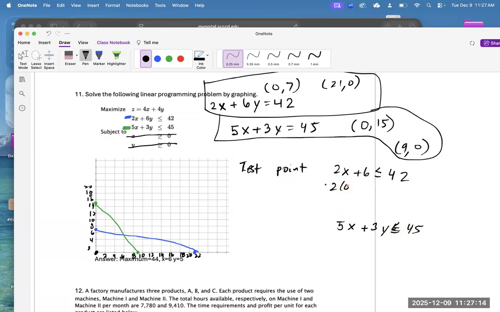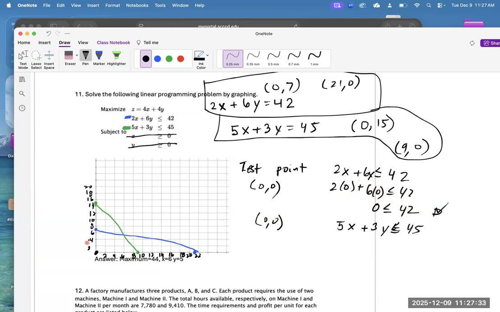So I plug in 0, and that's going to just be 0 is less than 42, which is a true statement.